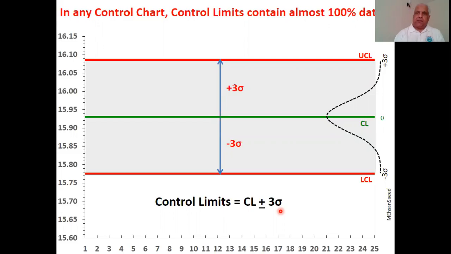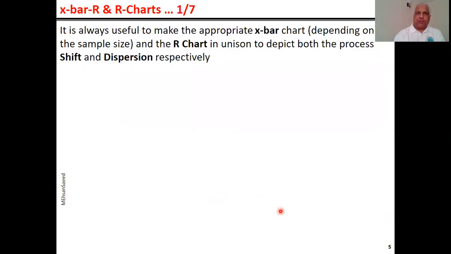With that, we can start our first chart, which is X bar chart, X bar R chart, and the R chart. One thing more to remember is that shift and dispersion are essentially the flipped sides of the same coin. One does not exist without the other, and it is always good to create both the charts together, put them one above the other so as to correctly interpret the data.